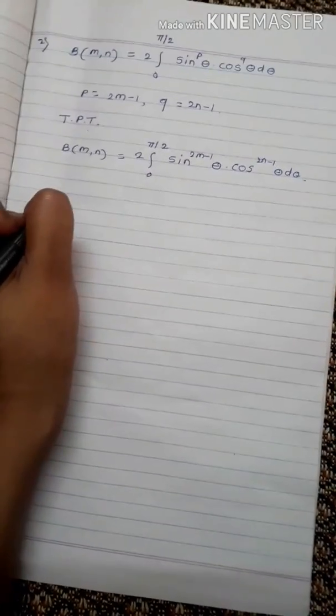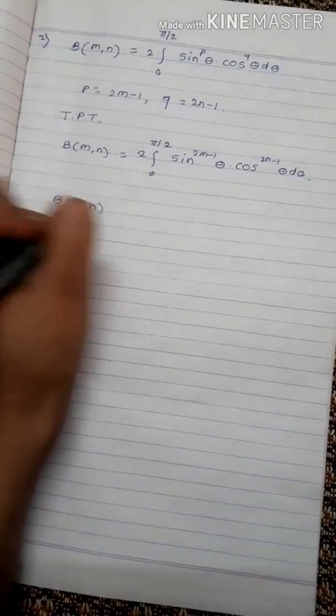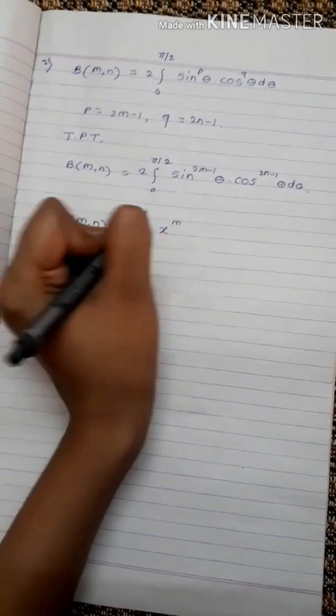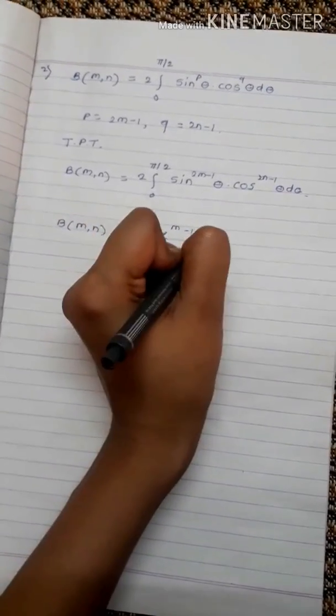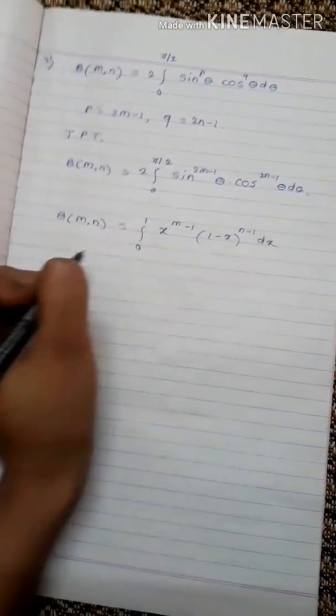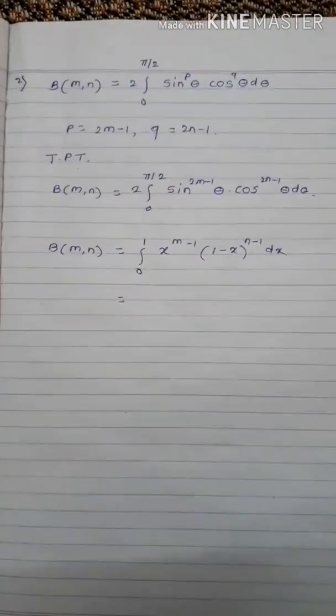Let's start with the basic definition of beta function, that is integral from 0 to 1 of x raised to m minus 1 and 1 minus x raised to n minus 1 dx. Clearly I need to use substitution here.